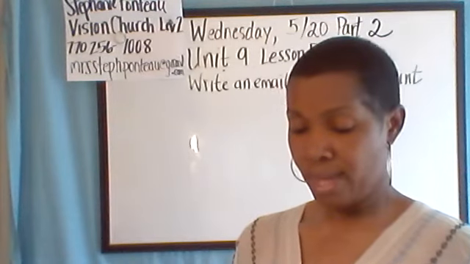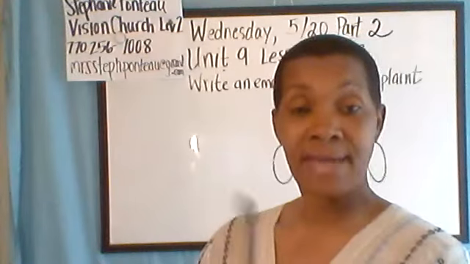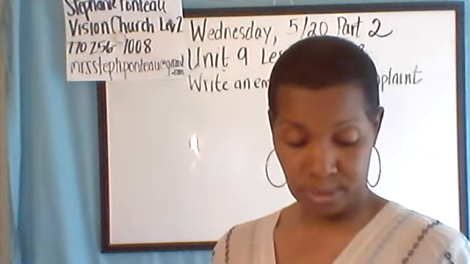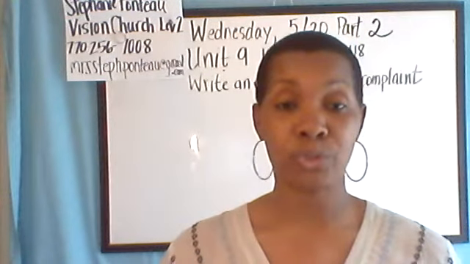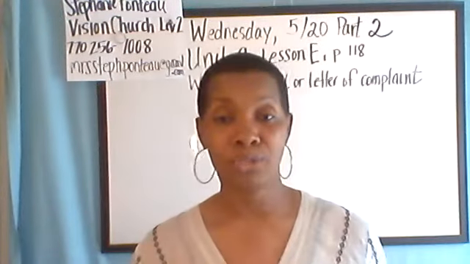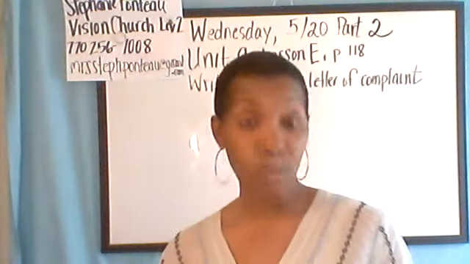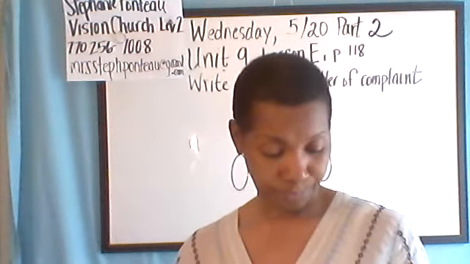So we're going to read the letter of complaint that Stella wrote for the people in her building. She just didn't write it for herself. Stella decided she was going to be what you call the spokesperson, which is the person who is speaking for a group. So Stella was the spokesperson for the people in her building.